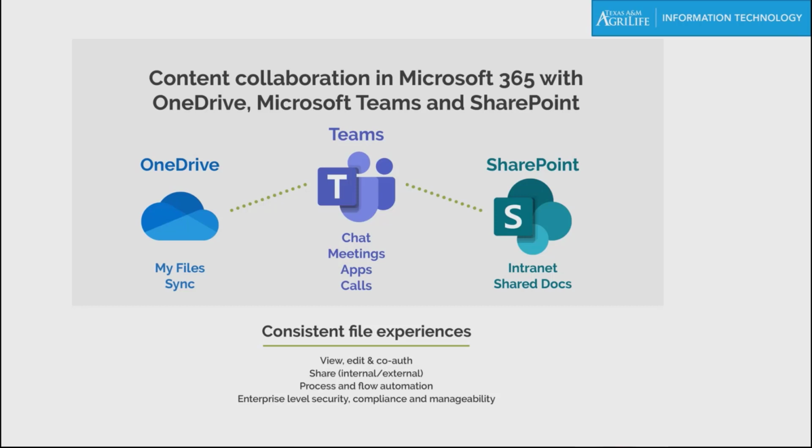Today, we're mostly going to focus on OneDrive and Teams because that's really taking the place of traditional storage places where you may have had your files stored previously. SharePoint is really the mechanism behind Teams, but it also has an interface of itself where intranets can be created, where documents can be stored between large groups of people.